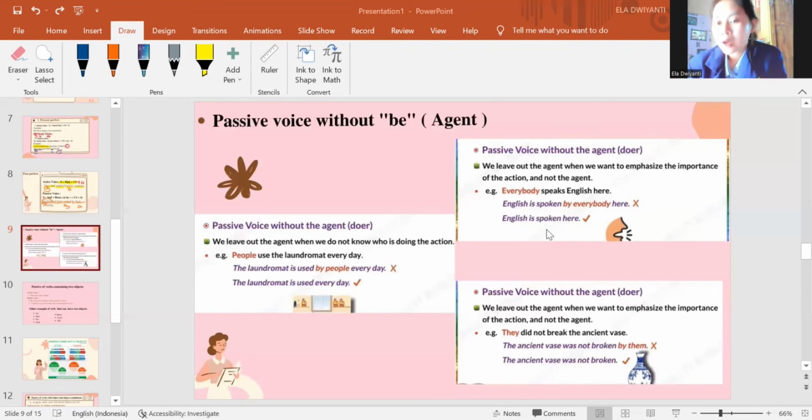"English is spoken here" is correct, because we want to show that in this place, everybody speaks English. Who does the action is not important, but the action is more important.